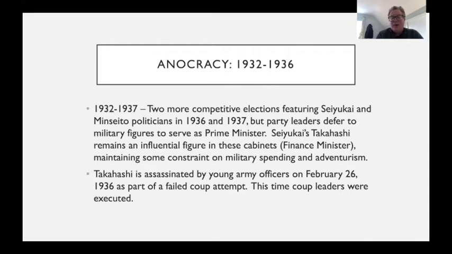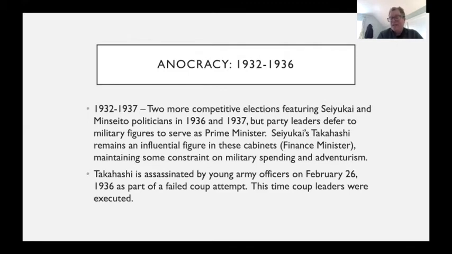This group of people fought in the streets for several weeks, trying to gain control of the country. They were eventually defeated. The emperor himself came out against the people who were acting in his name, and the coup leaders were executed this time.